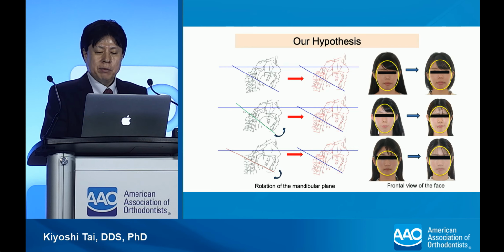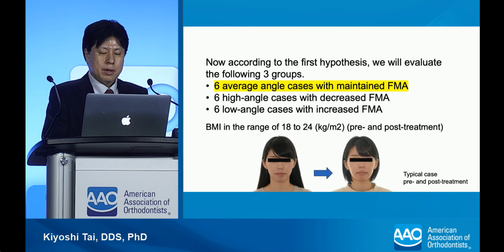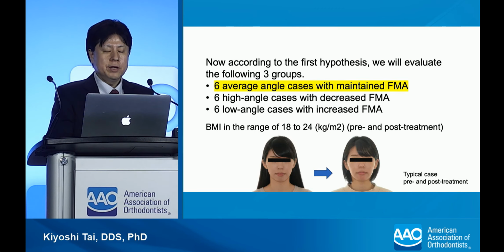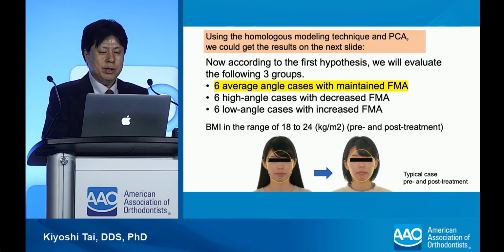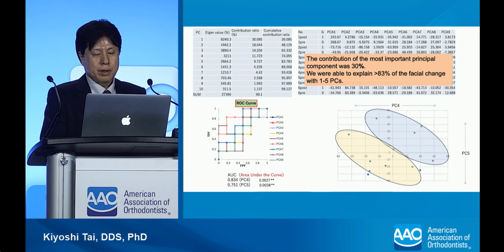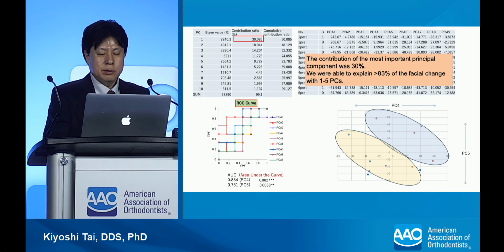Please recall this hypothesis. We evaluated the following three groups. First, 6 average cases with maintained FMA using the treatment. Using the homologous modeling technique and PCA, we could get the result on the next slide. The contribution of the most important principal component was 30%.